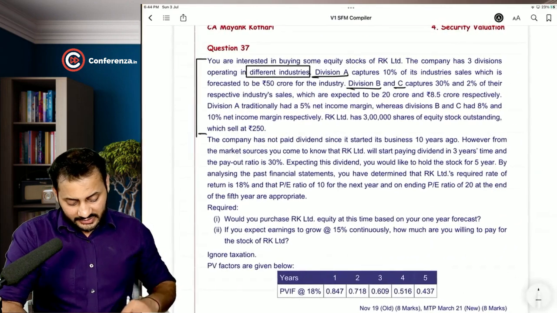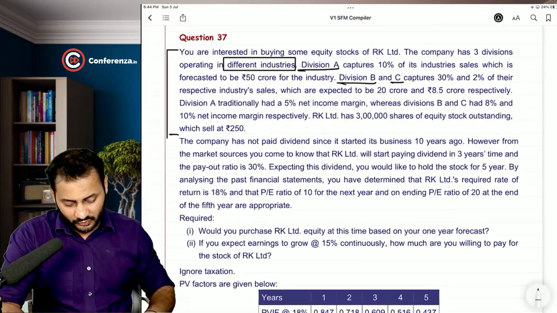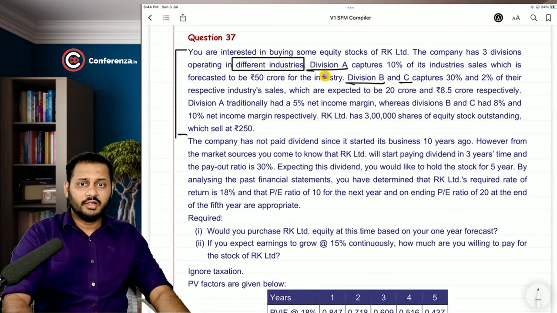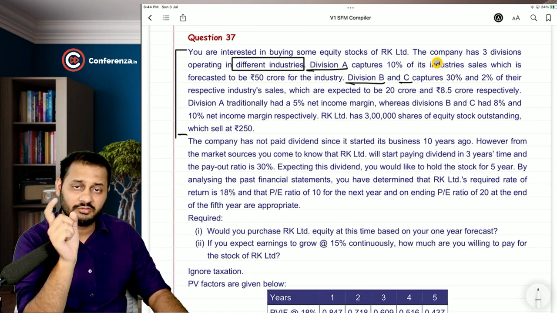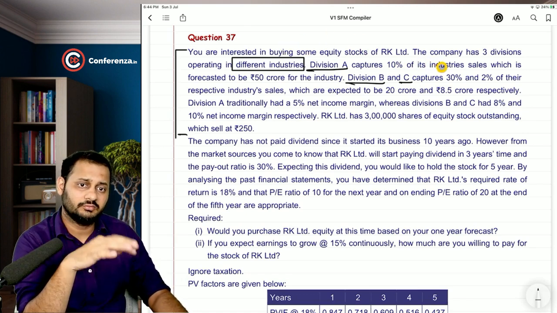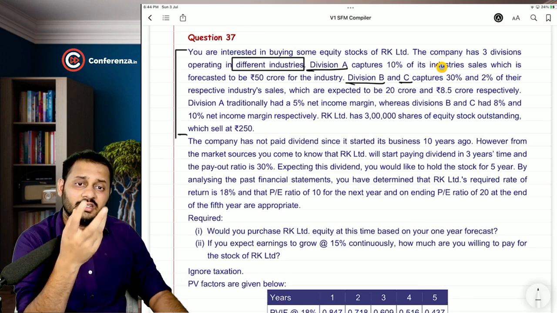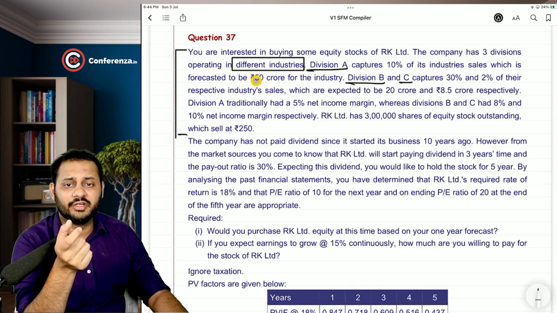So in the similar way, RK Limited has three divisions which are in three different industries. Now understand. Division A captures 10% of its industry's sales, not the company's sales. Industry's means the other competitors are also included, which is forecasted to be 50 crore.